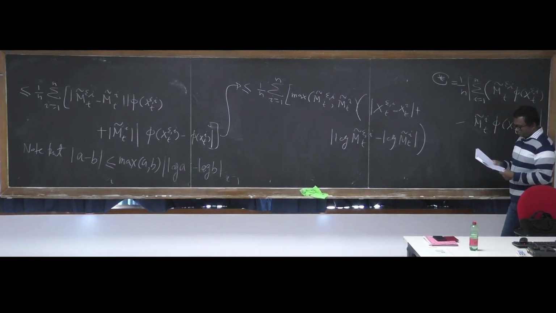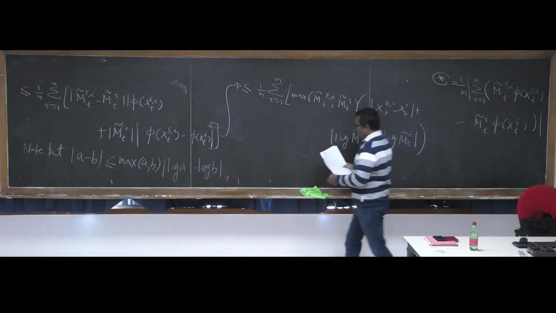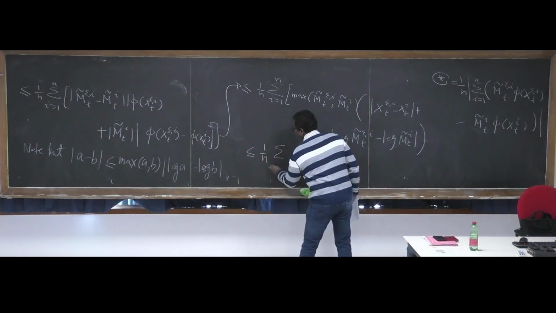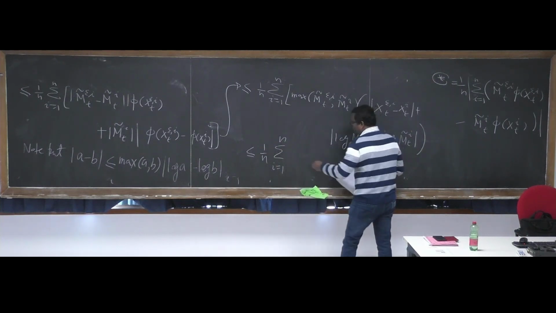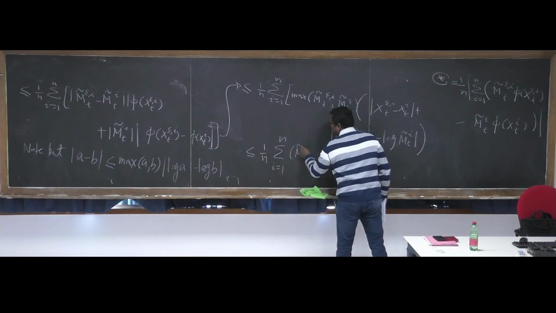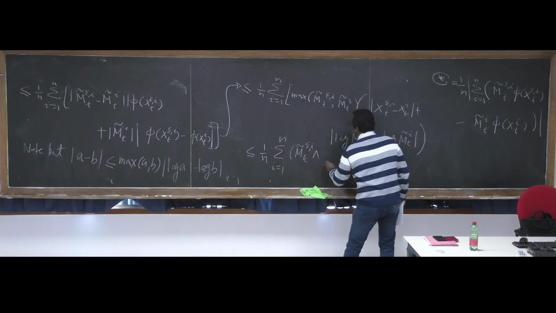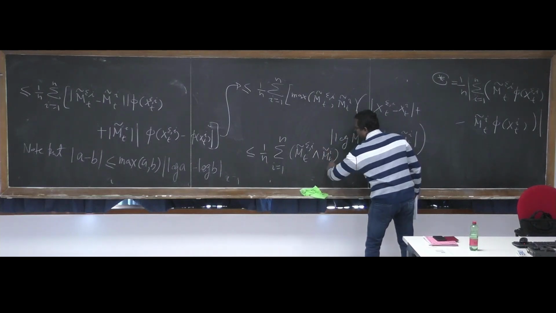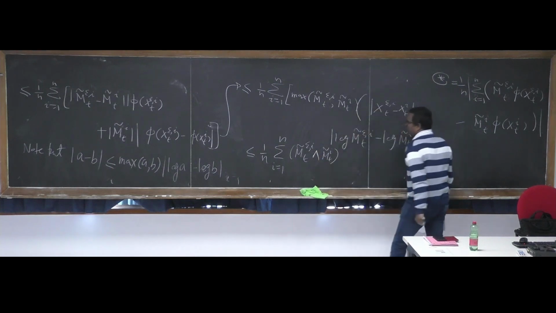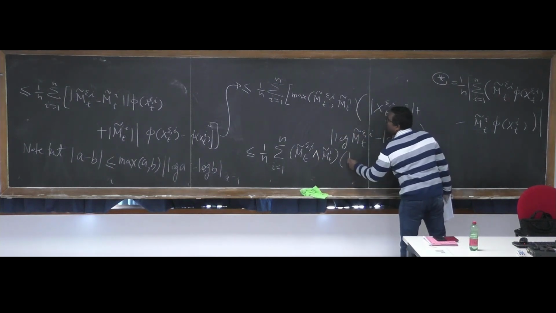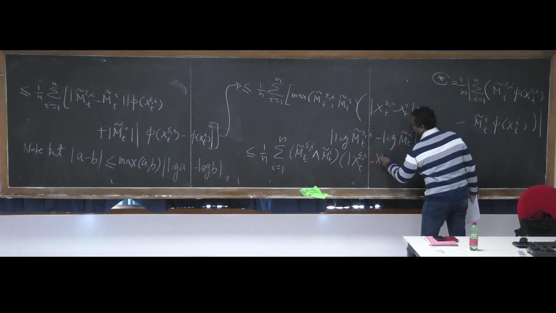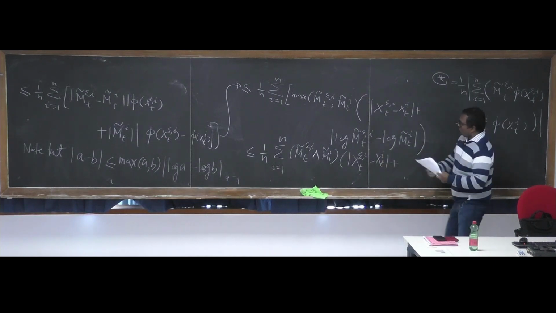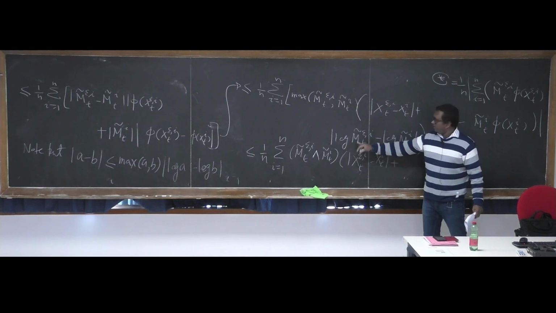Good. So we can rewrite 1 over n, i runs from 1 to n, the maximum of this, let's use this notation, m tilde i epsilon i t and m tilde i t, for the maximum, times absolute value of x epsilon i t minus x i t plus, what is log of this m tilde epsilon i t?